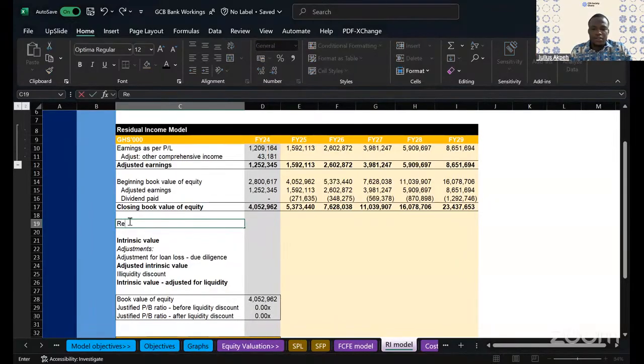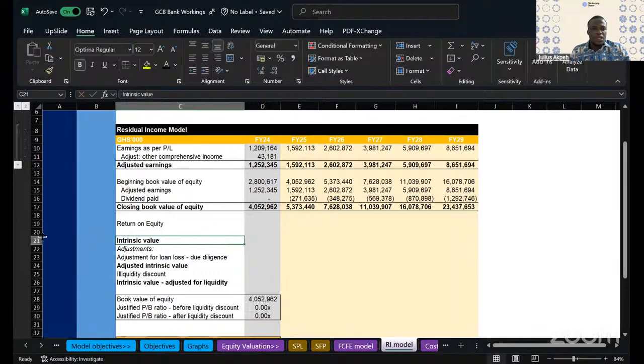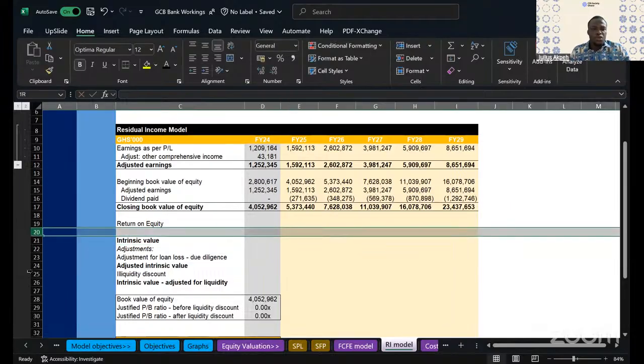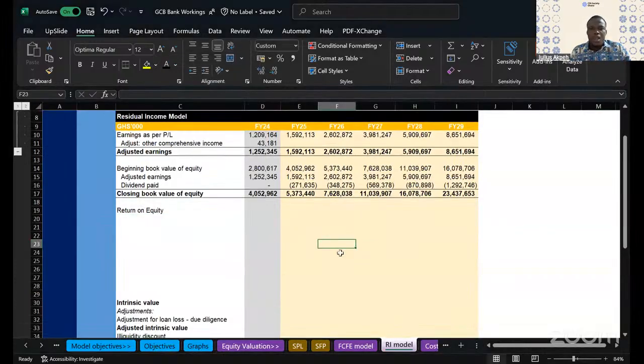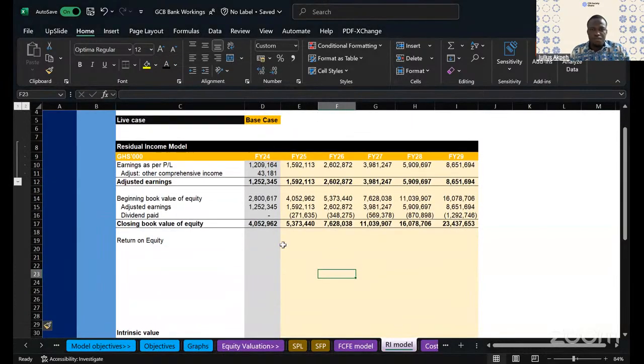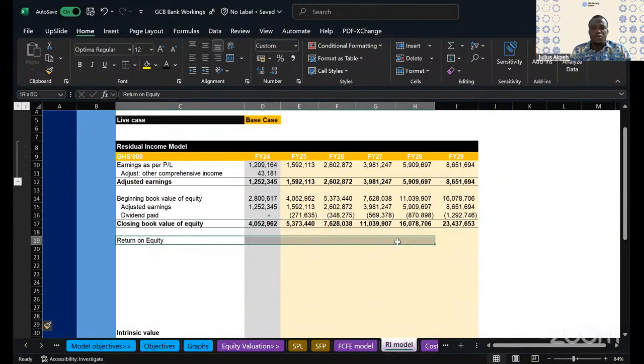So return on equity. And this is another side I want to talk about. You see, maybe the usual return on equity we calculate, how do we calculate it? For the usual return on equity, we calculate it this way: the earnings for the year divided by the average book value of equity.